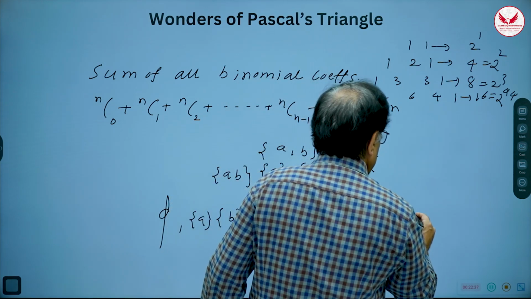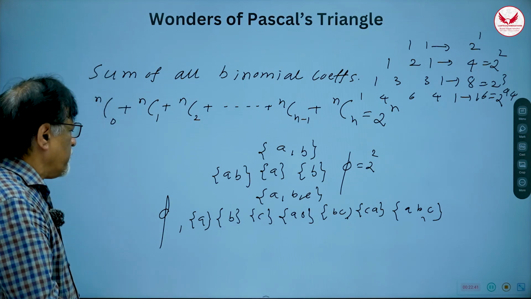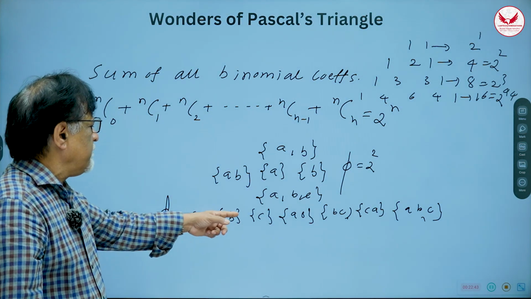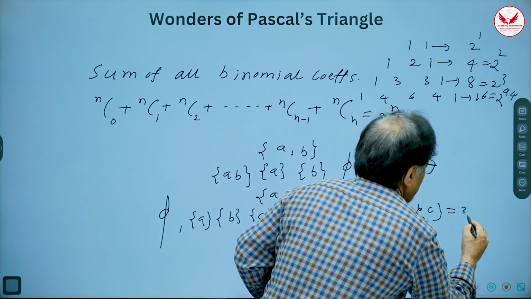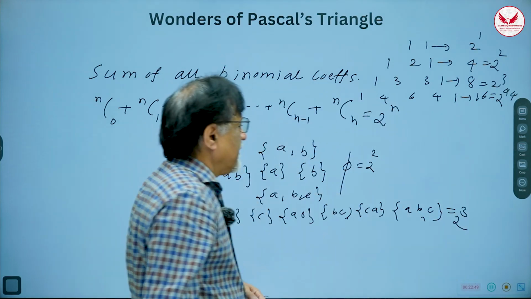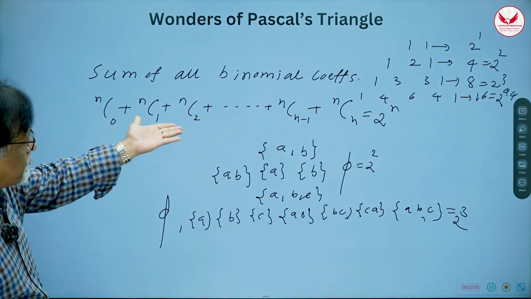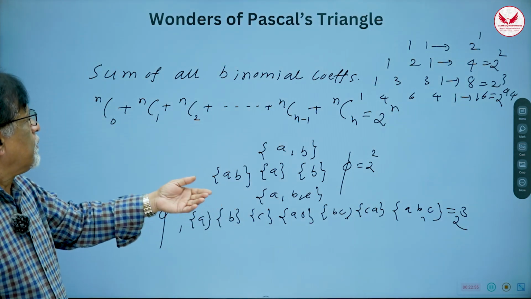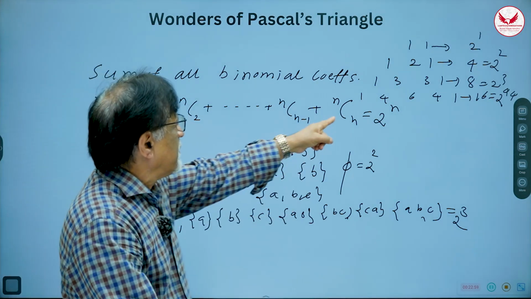And last is ABC, the whole set itself. Now look: 1, 2, 3, 4, 5, 6, 7, and 8. This is 2 raised to 3. Isn't it interesting? So the total number of subsets of a set containing n elements is nothing but 2 raised to n.